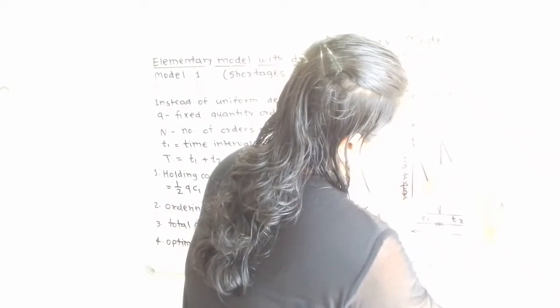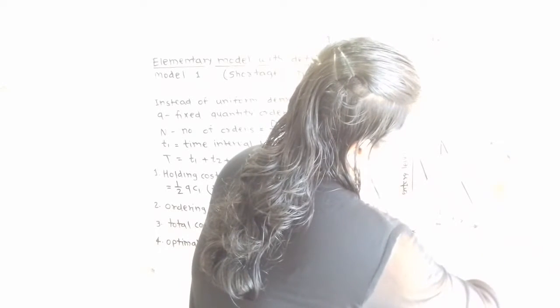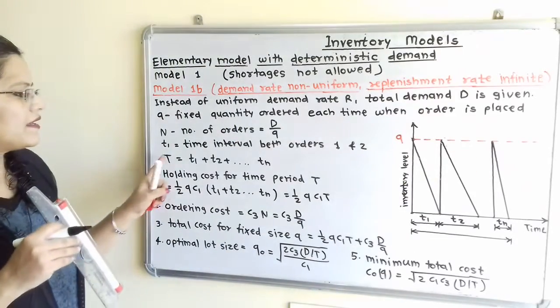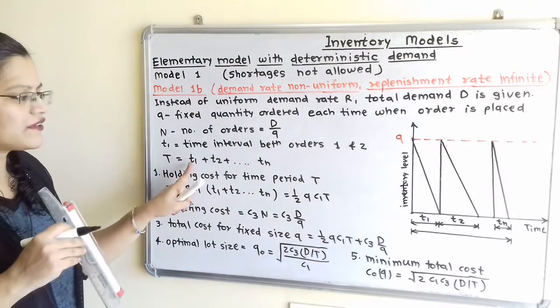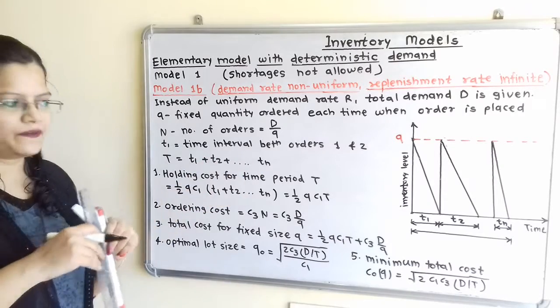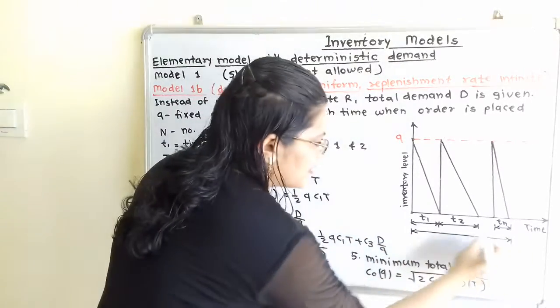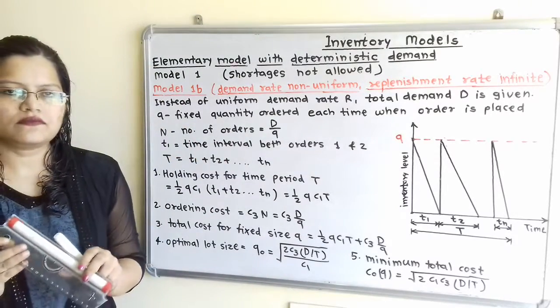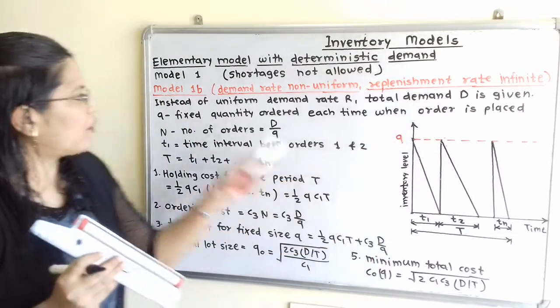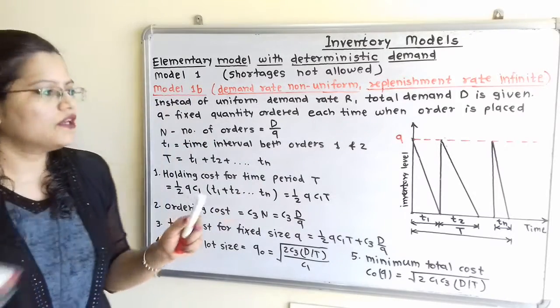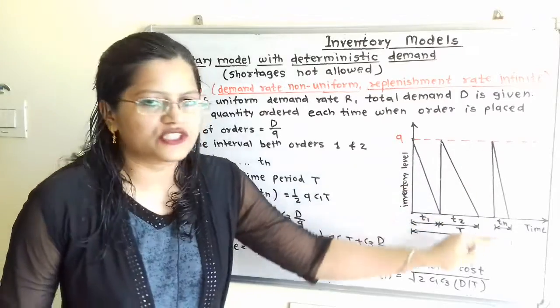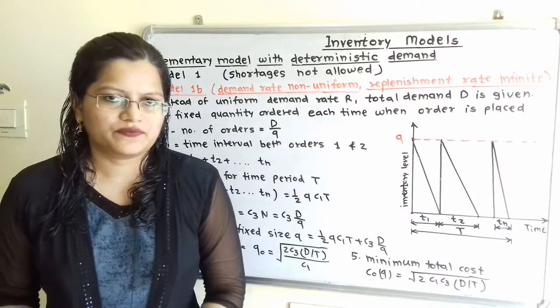Again we draw a vertical line, and here is the slope. The total time period, capital T, is equal to T1 plus T2 up to Tn. This is the diagram for inventory model 1B. If we observe this diagram, the slope is different for each order placed.